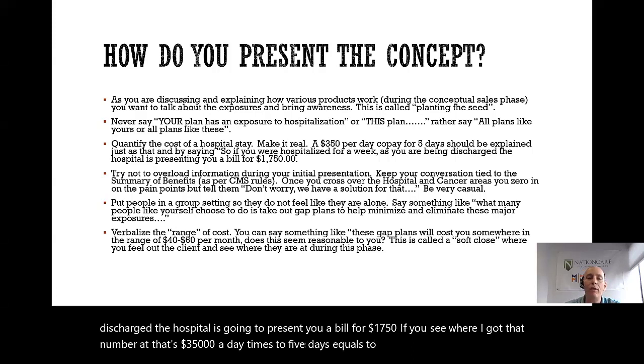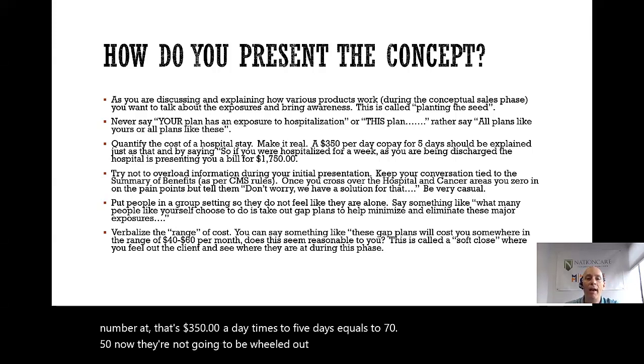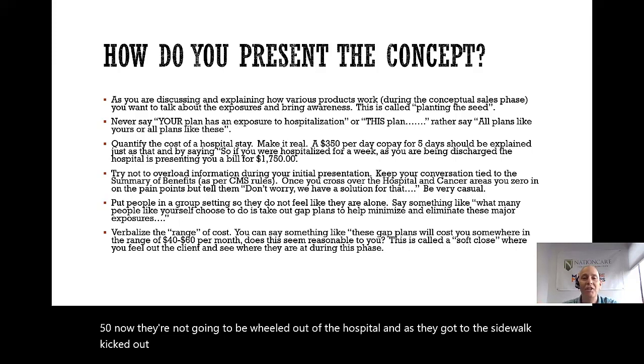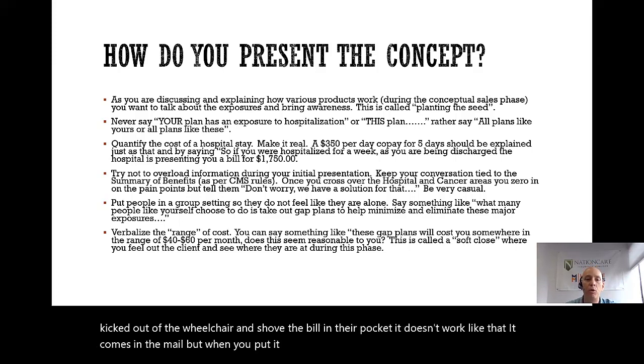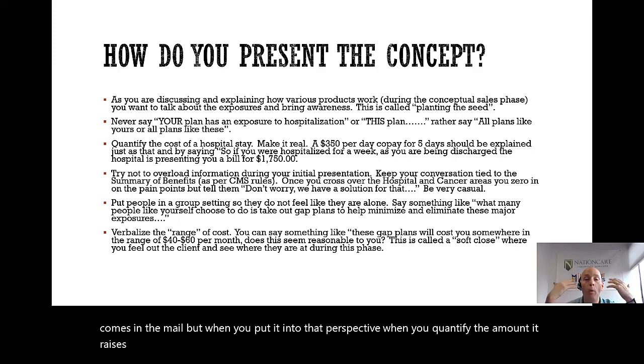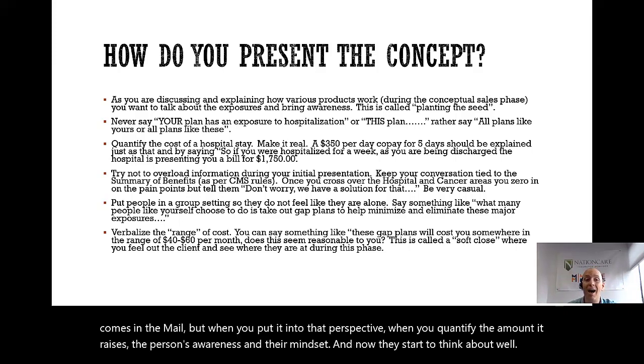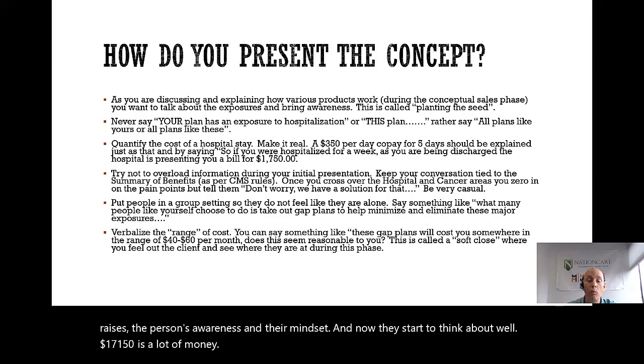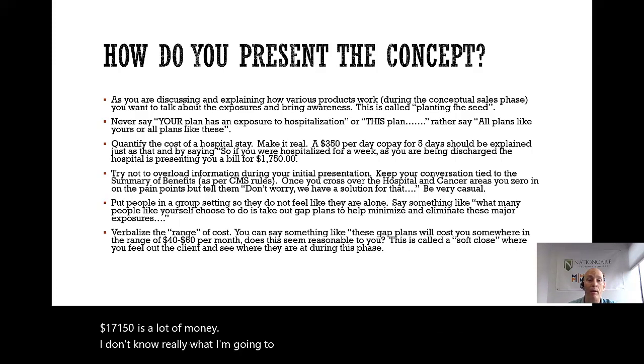Now, they're not going to be wheeled out of the hospital and as they get to the sidewalk, kicked out of the wheelchair and shoved the bill in their pocket. It doesn't work like that. It comes in the mail. But when you put it into that perspective, when you quantify the amount, it raises the person's awareness and their mindset. And now they start to think, well, $1,750 is a lot of money. I don't really know what I'm going to do about that if that were to happen.